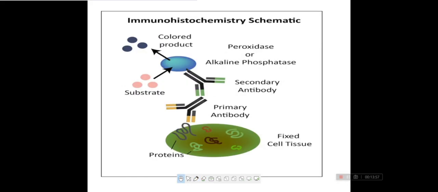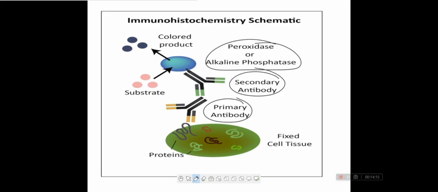This is the method of immunohistochemistry. This is the substrate, right? This is the primary antibody. This is the secondary antibody. This is peroxidase or alkaline phosphatase. This is the color. See, this is a protein.